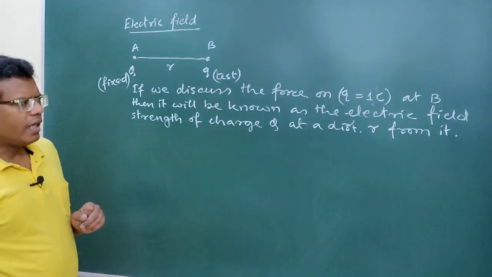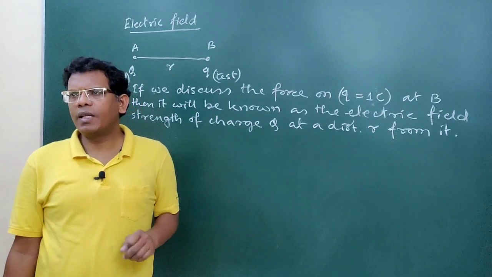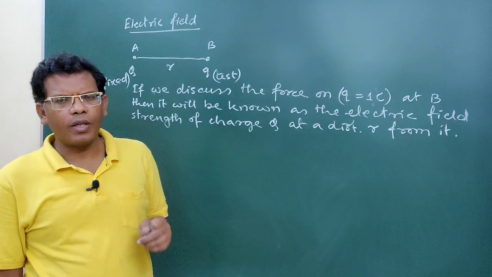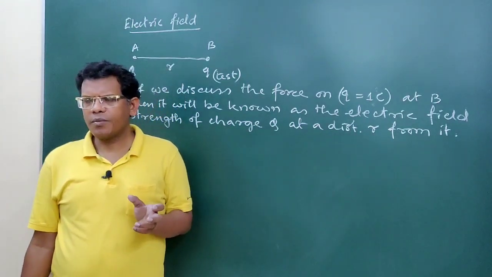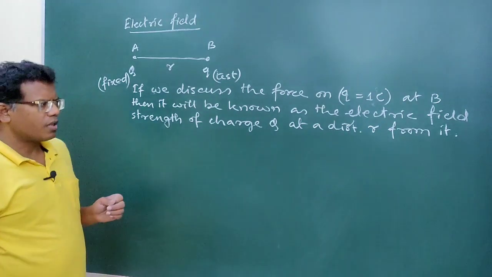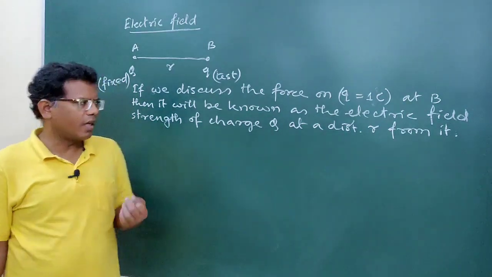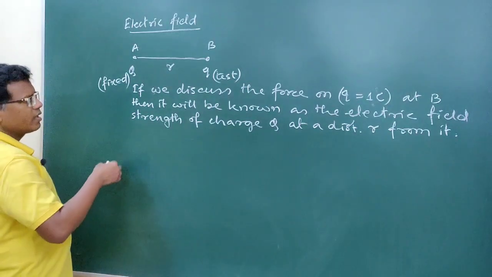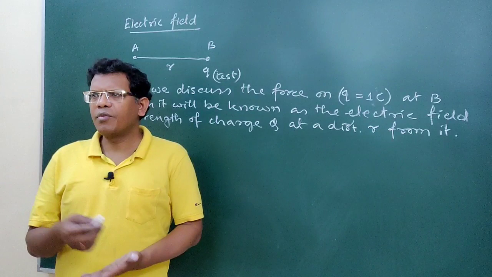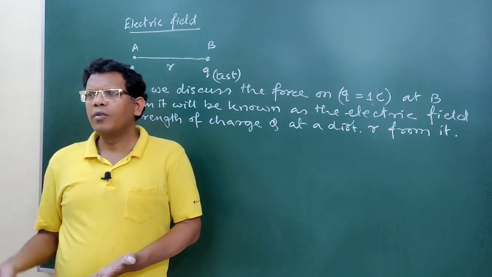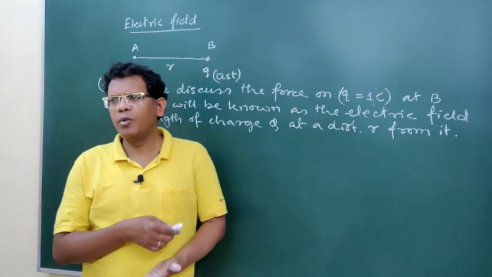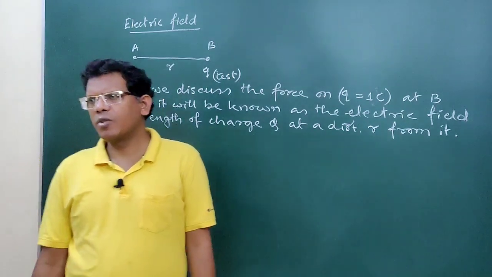So that means electric field is mathematically nothing other than the electrostatic force per unit test charge. So that is the reason why the method of calculating electric field due to a fixed point charge will be the same as we do for finding electrostatic force.